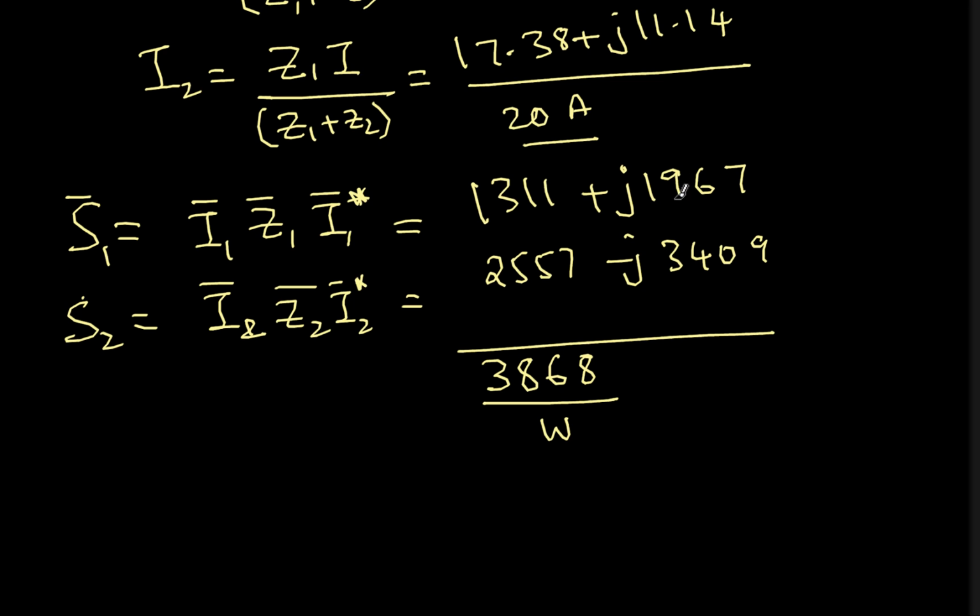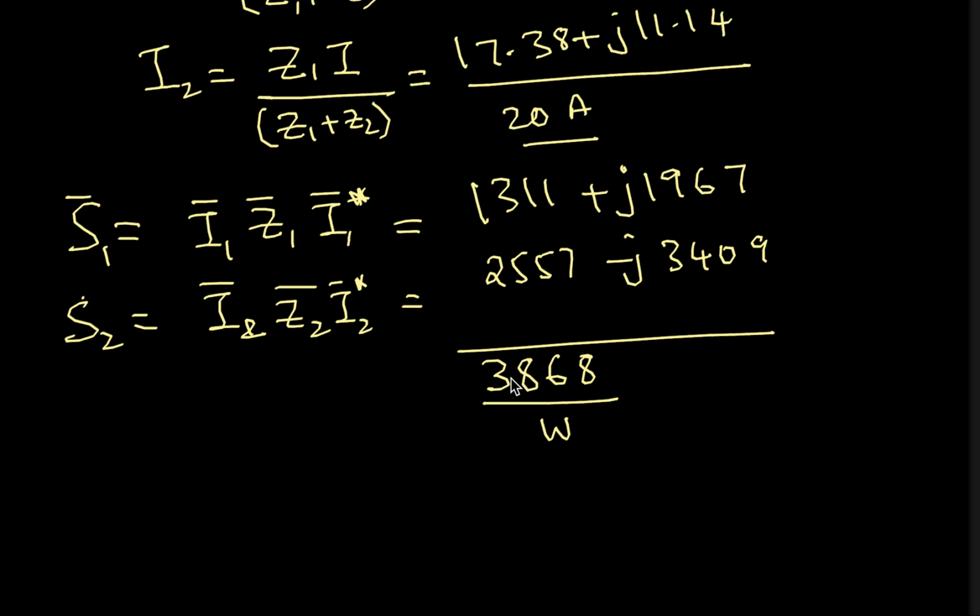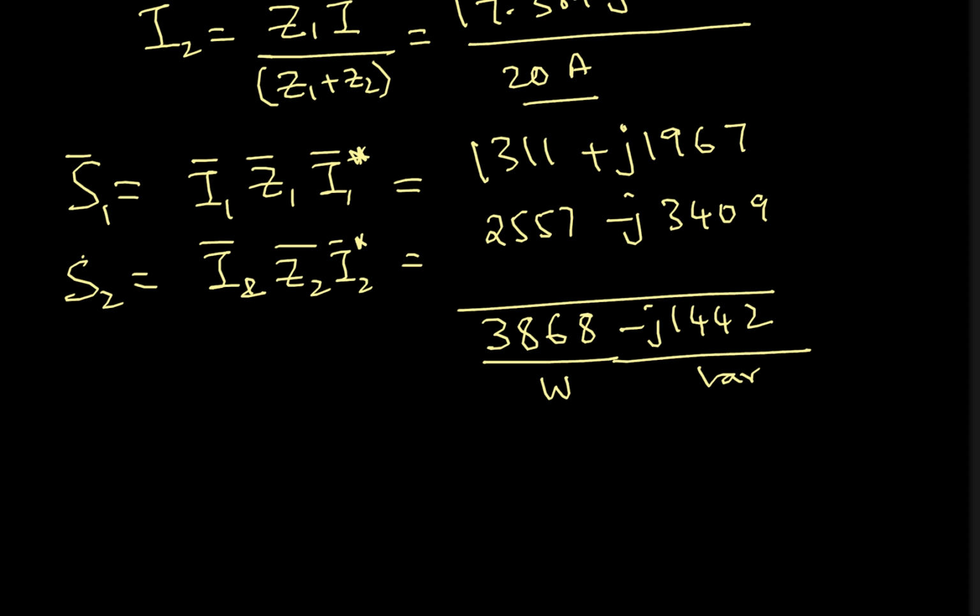And then if I subtract the reactive parts, I will get the net value. So S1 plus S2 is the total power, ST, total complex power: 3868 minus J1442.